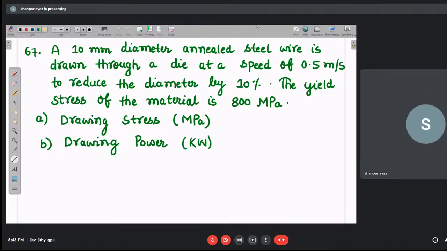See, there's a 10% reduction, initial diameter is 10 mm... sorry, a 20% reduction. Error in this. Sorry, sorry.